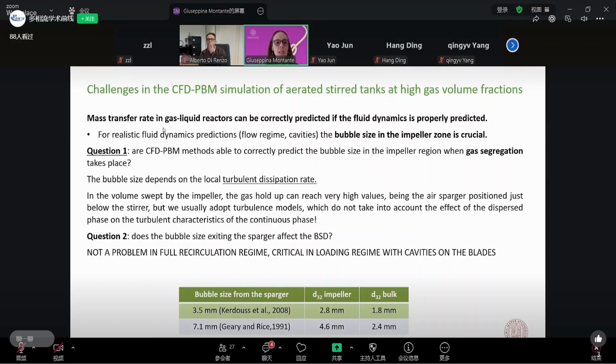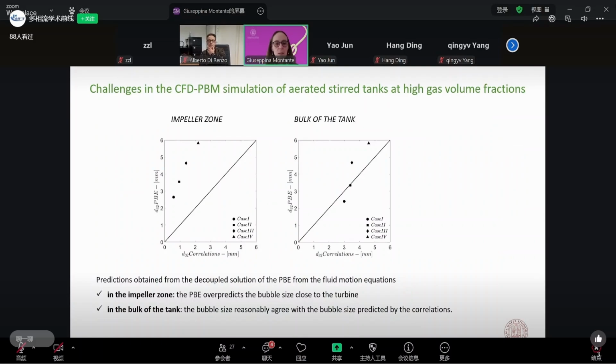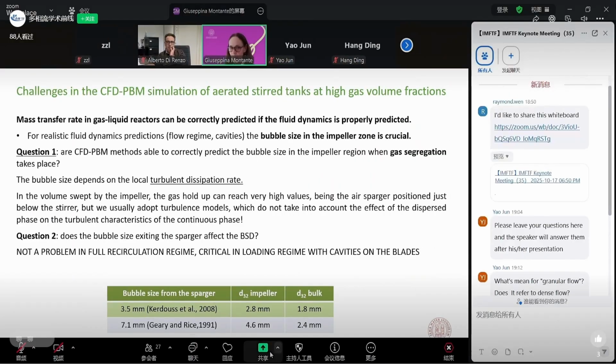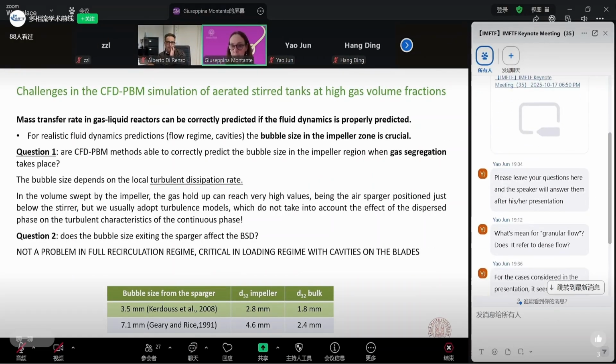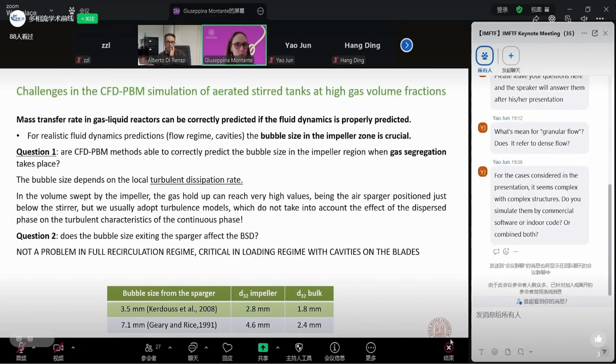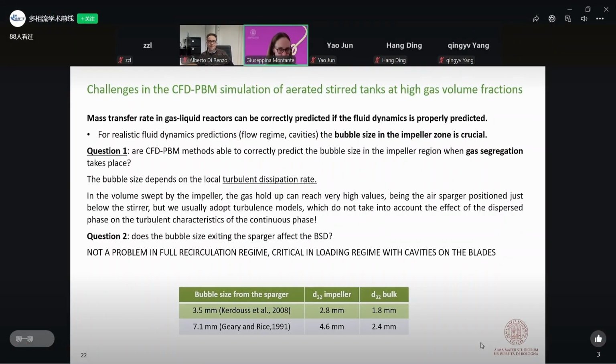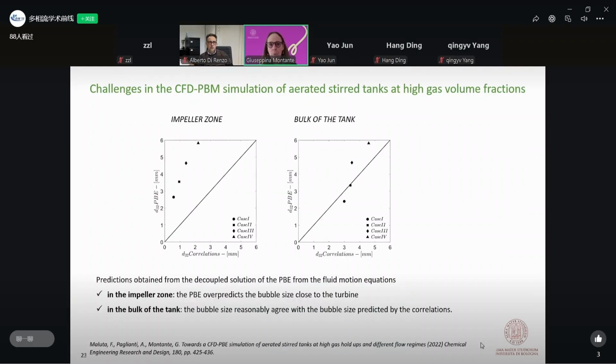What we notice is that depending on the regime where we are, if we are in the loading regime with cavities, we have a very critical situation, and coupling directly the fluid dynamics and the population balance equation does not lead to good prediction in many cases, unless we perform model calibration, and that's another story. In a full recirculation regime, it's much easier to get a realistic prediction.